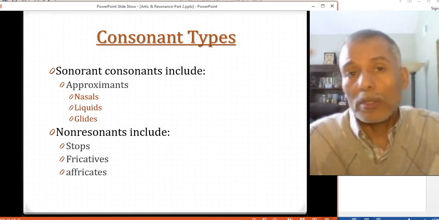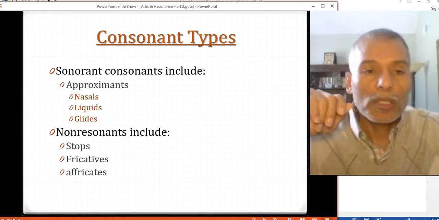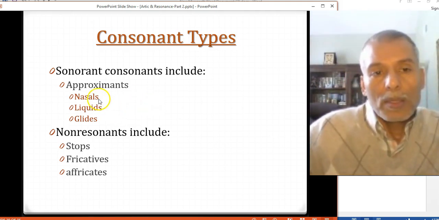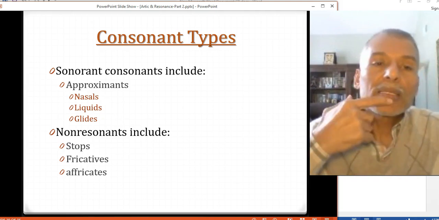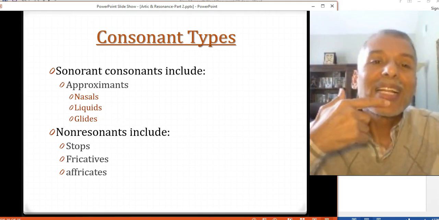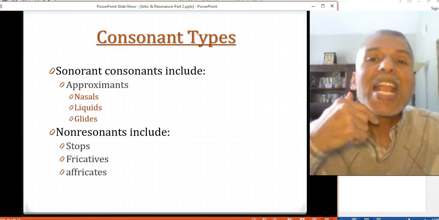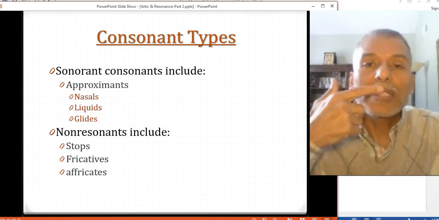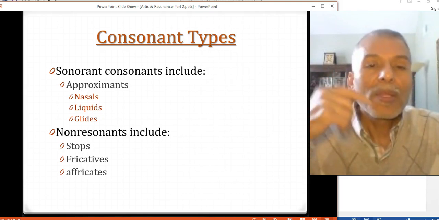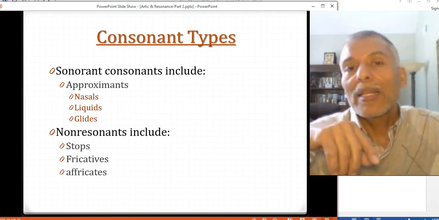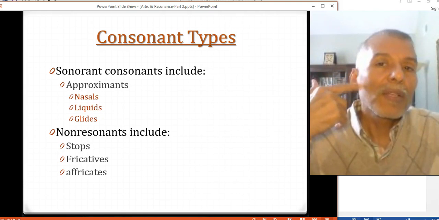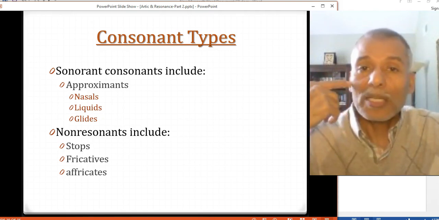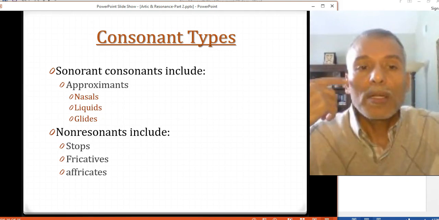You could add sonorant, that's fine, or consonant. The n is a voiced alveolar nasal, and then the ng is a voiced velar nasal, because the back of the tongue comes in contact with the velum.